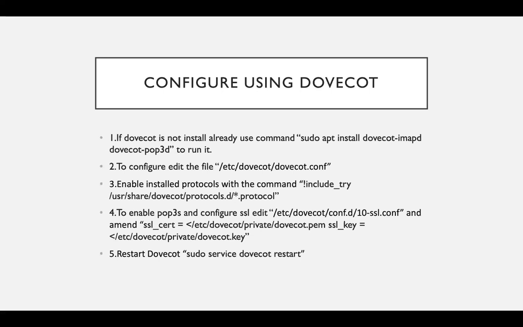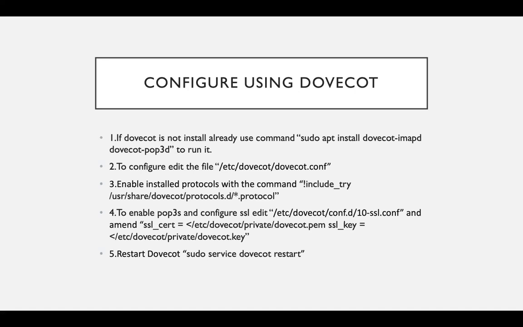How to configure Dovecot. If Dovecot is not already installed on your computer, you have to use the command sudo apt install dovecot-imapd or dovecot-pop3d to run it, and you will configure the file. Of course, everything is happening in the terminal, and then you have to enable the following protocols.